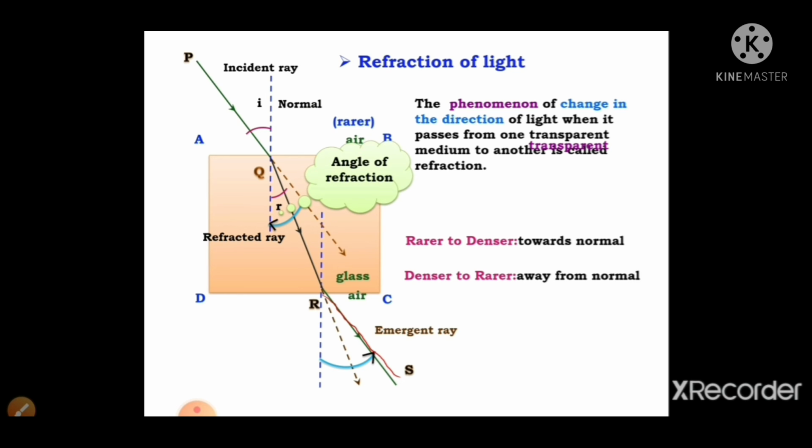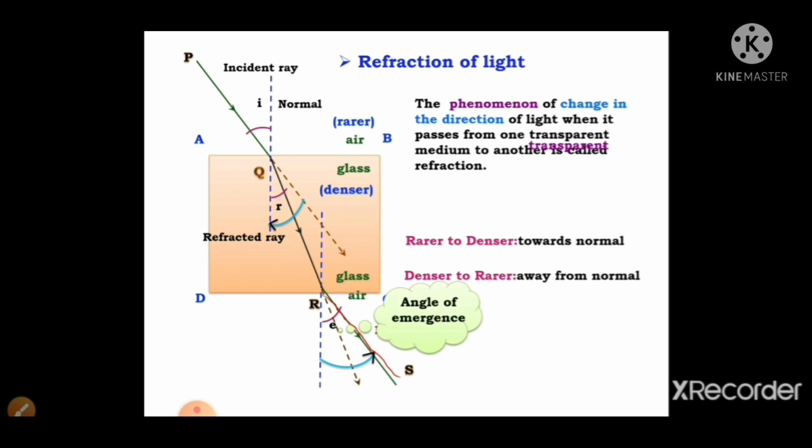Reflection अलग है. Reflection means basically a bouncing of light, right? But refraction में क्या होता है कि light bounce नहीं होता, light transparent medium से आर पार हो जाता है और अपनी direction change करता है basically, right? And the last angle is the angle of emergence, that is small e, right?